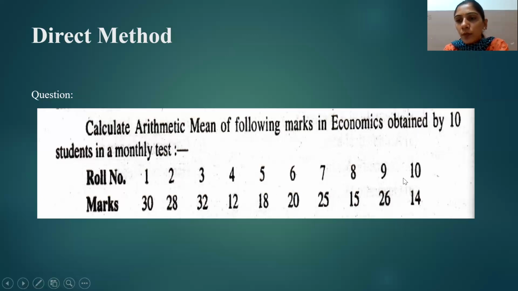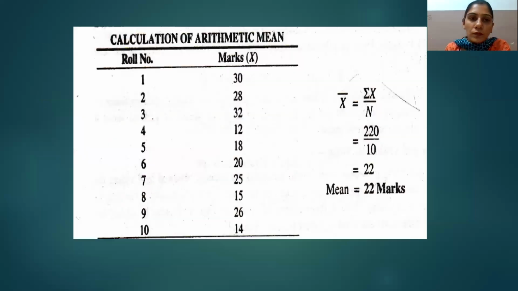In the last, roll number 10 got 14 marks. These are the marks given in a class test of economics.